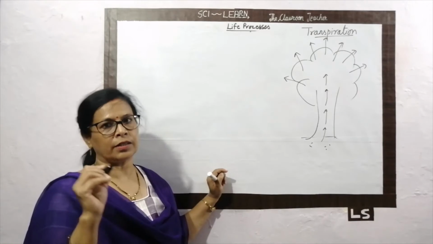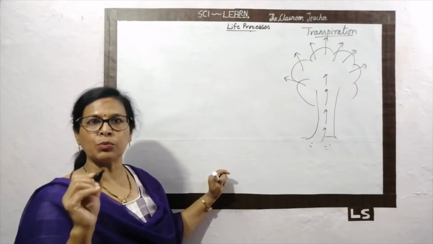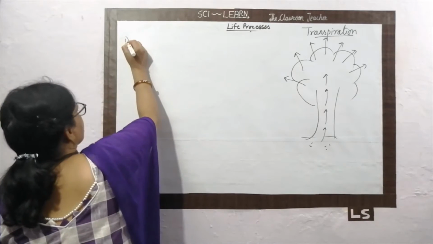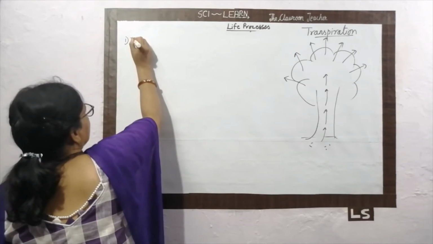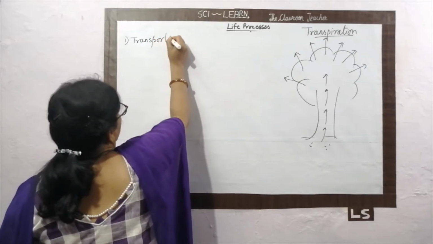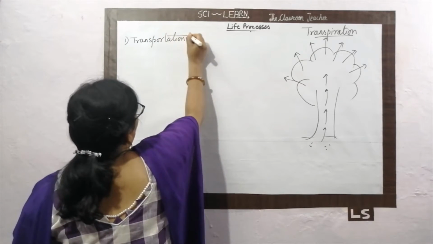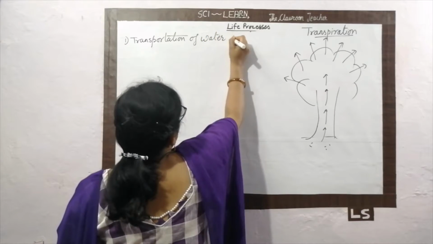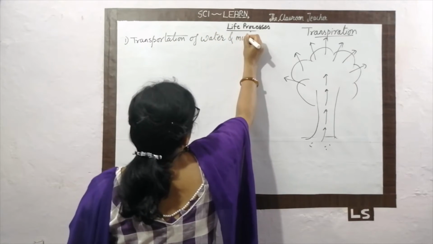This process is for the transportation of water and minerals. So, what is the first substance transported in plants? Water and minerals.